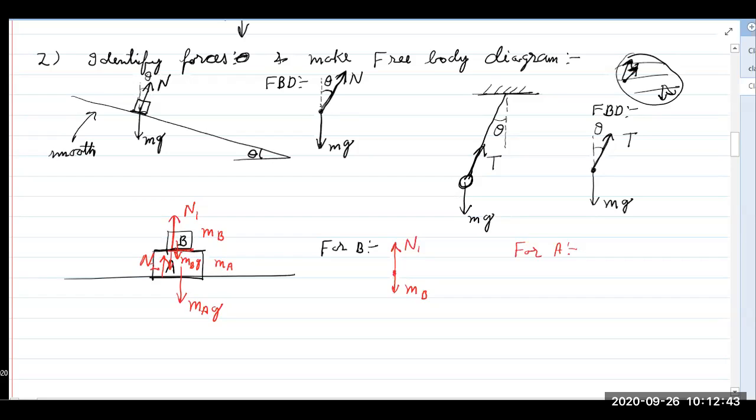So if A is exerting force N1 on B, then B will exert an equal force N1 on A. So there will be a downward force N1 from B on object A. On object A we have mag downward, N2 upward from the ground, and from object B another normal, N1. So we can write for A like this.